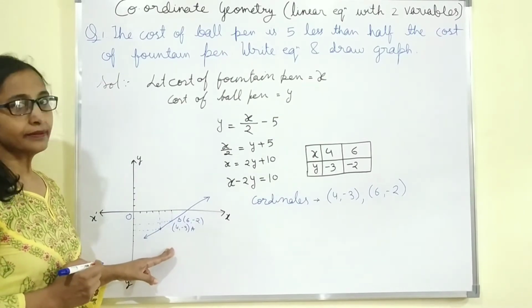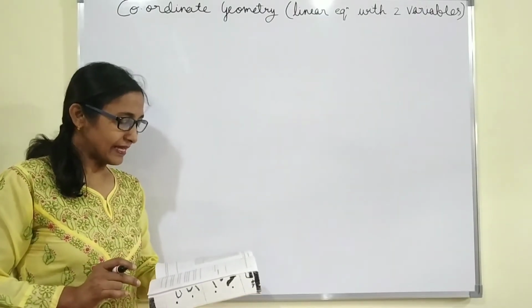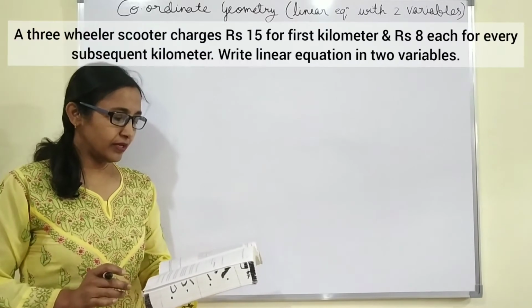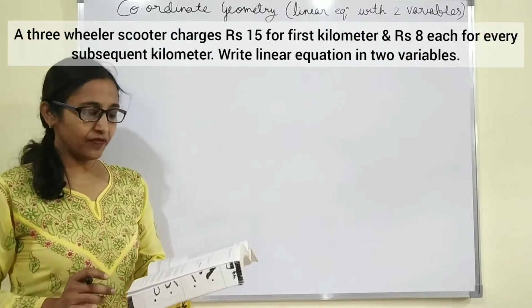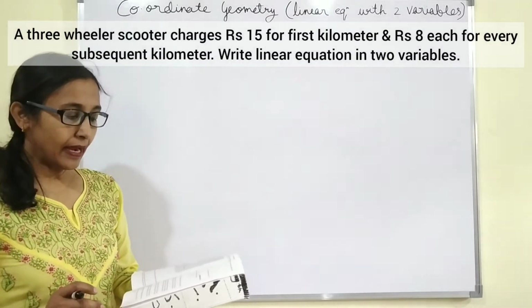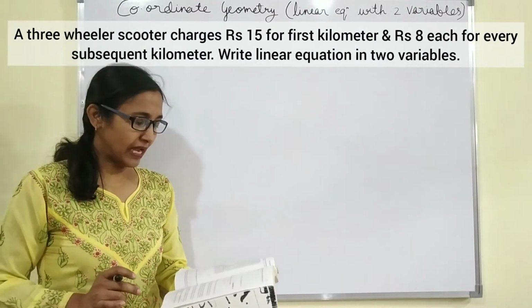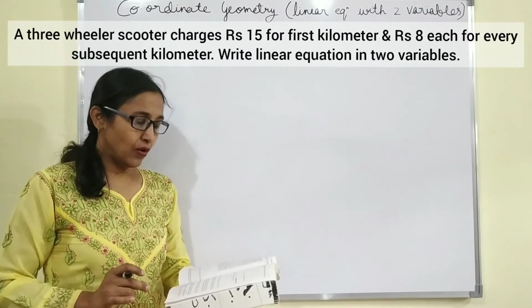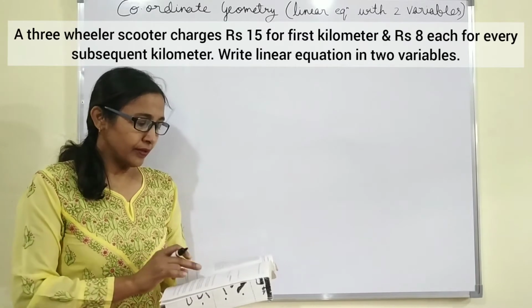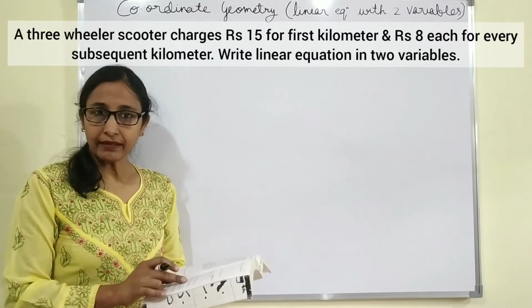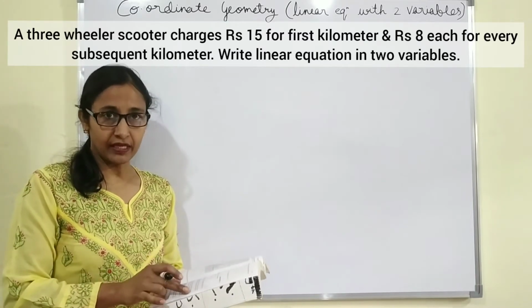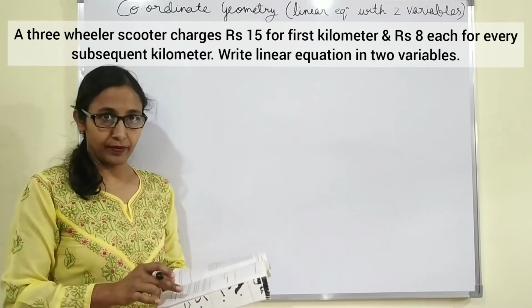Now the next example is: a 3-wheeler scooter charges ₹15 for the first kilometer and ₹8 for every subsequent kilometer. Write an equation with two variables from the above information.